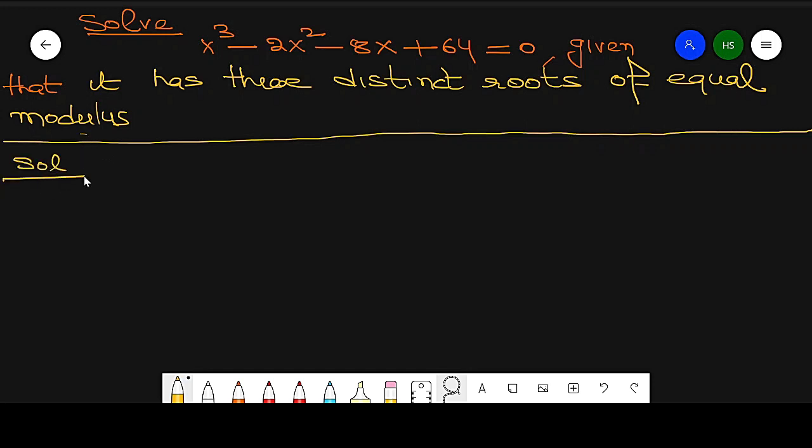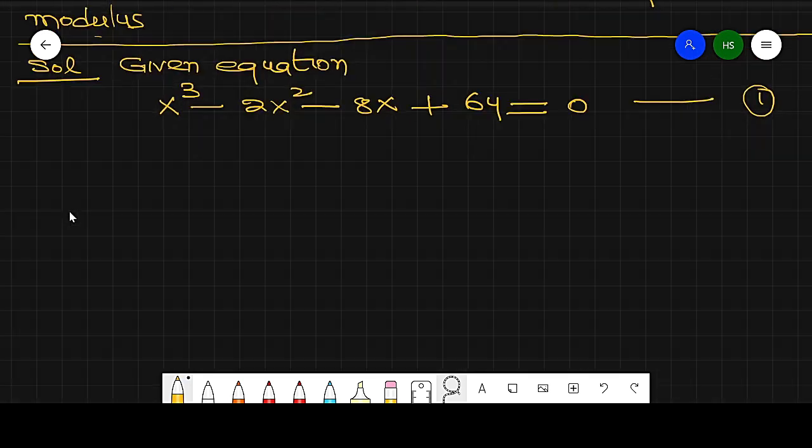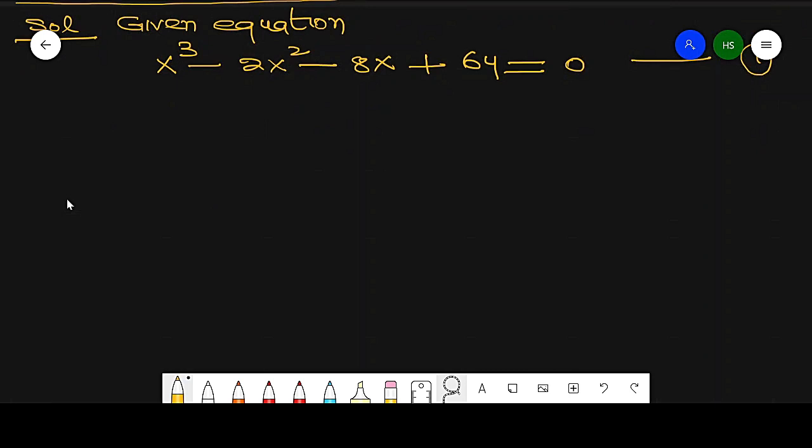Now equation number 1. So first write the given equation: x cube minus 2x square minus 8x plus 64 equal to 0. So this is the given equation. Now it has three roots of equal magnitude, equal modulus.